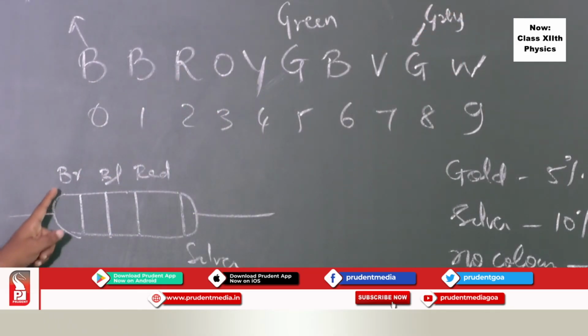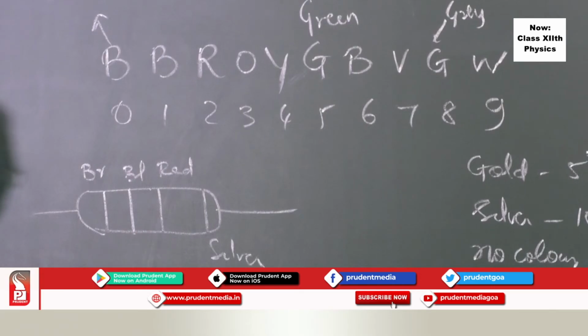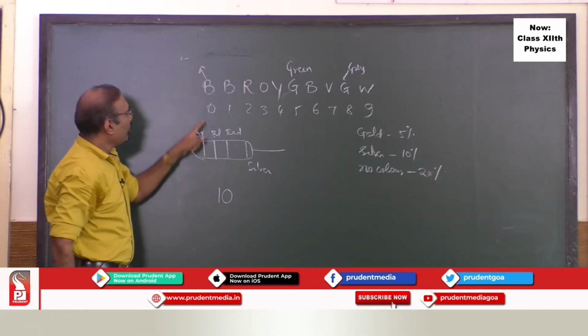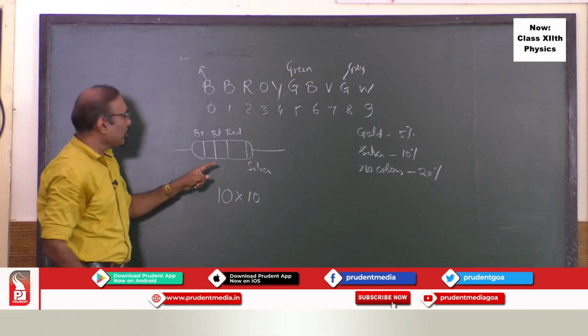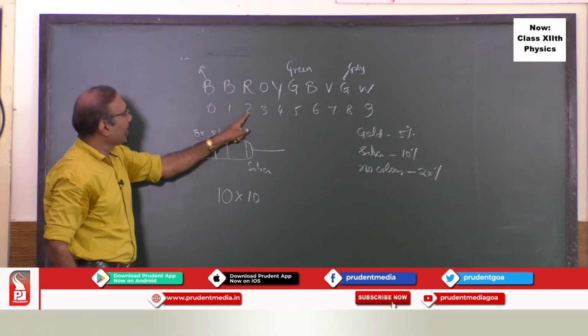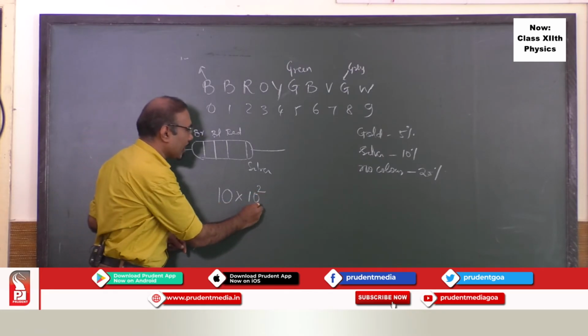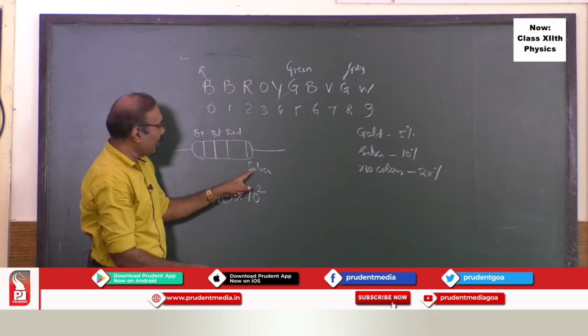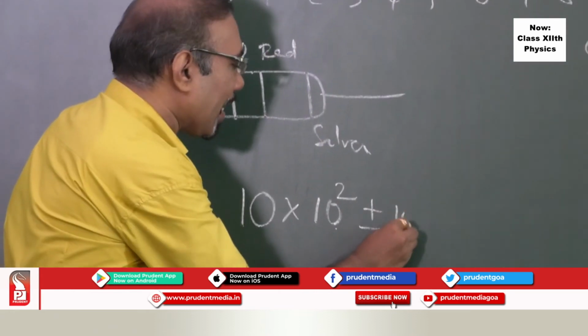If the first band is brown, the first digit is 1. Black is 0. The third color gives the multiplier to the base 10; red is 2, so 10 raised to 2. This is the value of the resistor. The fourth color, silver, means plus or minus 10%.